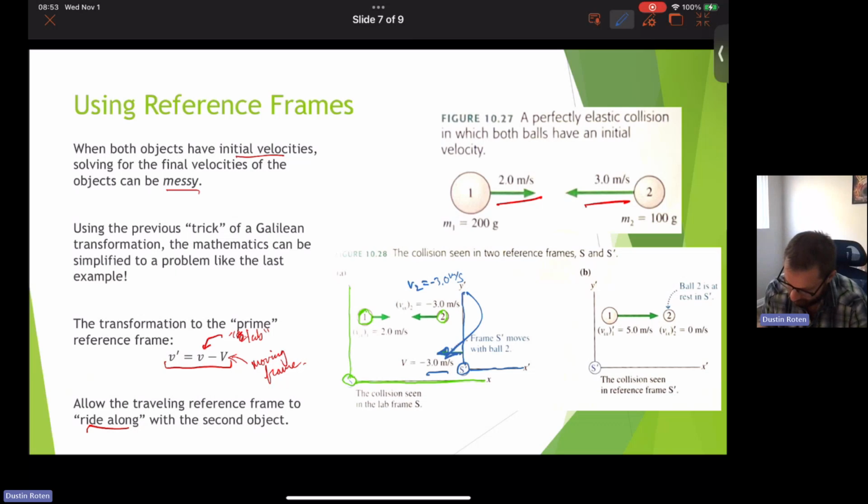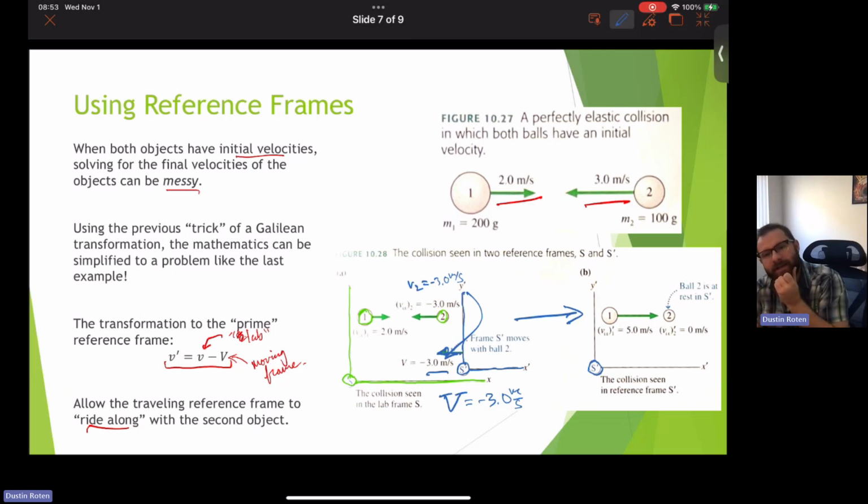So our big V is going to be negative 3.0 meters per second. Now, when we do this problem in the moving frame, you'll notice we've labeled it here as prime.